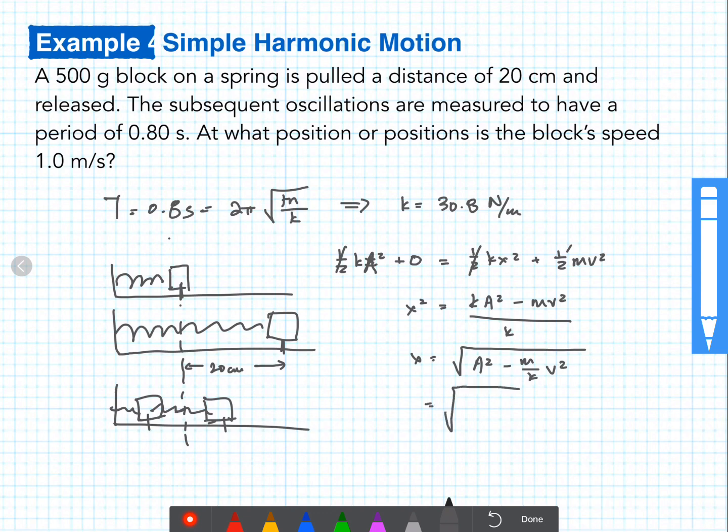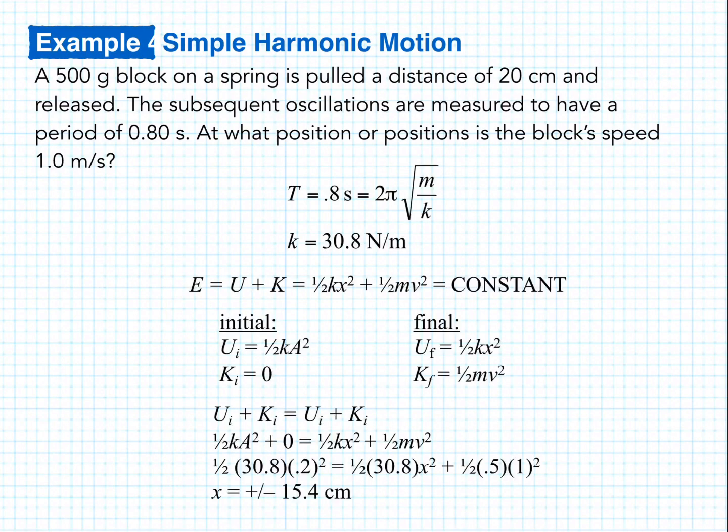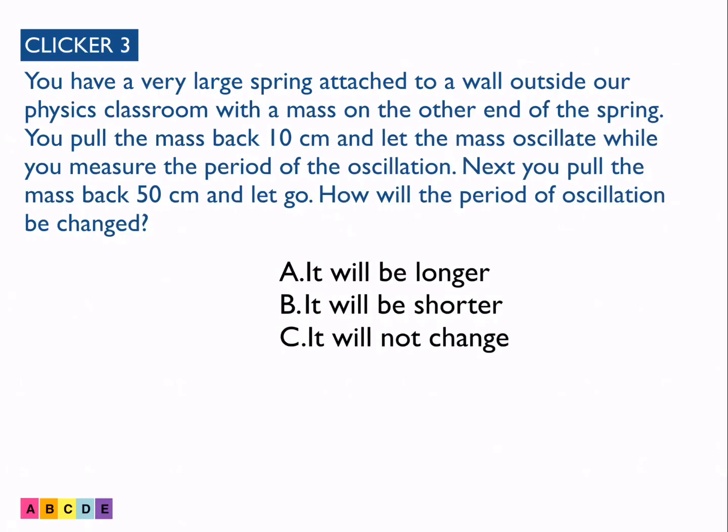We plug in our numbers, and this is why we needed k. Our amplitude was 20 centimeters. We know it's going to be less than that because that's our maximum, so we end up with something that's 15.4 centimeters. And it's plus or minus because it can be on either the stretched or compressed side.